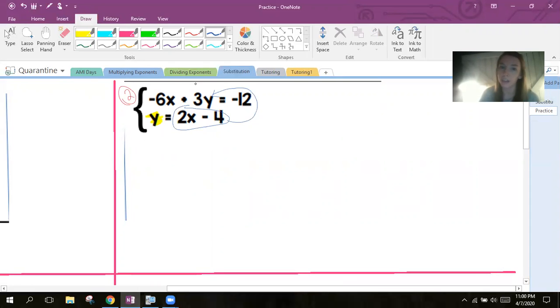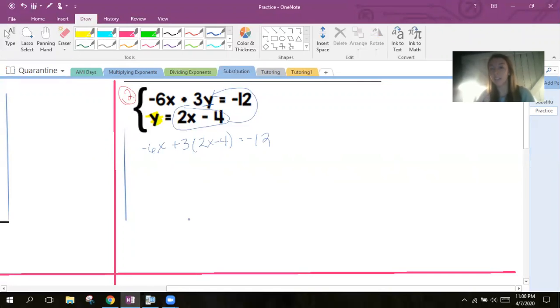I'm going to take the other equation, I'm going to rewrite it. So I have negative, I'll write it smaller, negative 6x plus 3, and since that's a y, I'm going to replace it with what y equals, which is 2x minus 4, and that equals negative 12.